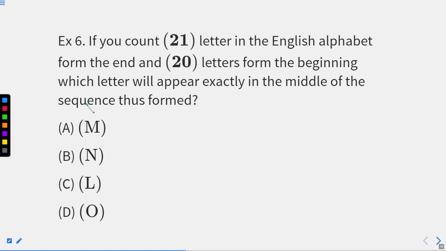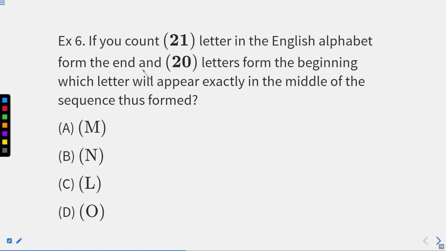Here in question number 6, you count 21 letters in the English alphabet from the end. You all know that the English alphabet starts from A and ends at Z. So if we start from the end, from Z, and move 21 steps, we will reach a particular letter.